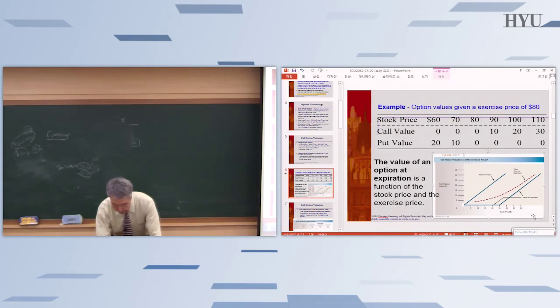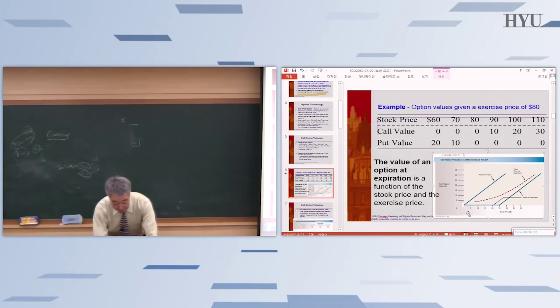On the horizontal axis, we have stock price starting from 5, 10, 15, and so on up to 40. And on the vertical axis, we have call option value. If the stock price is below $25, apparently the strike price of this option is $25. At the bottom, it says exercise price is 25.